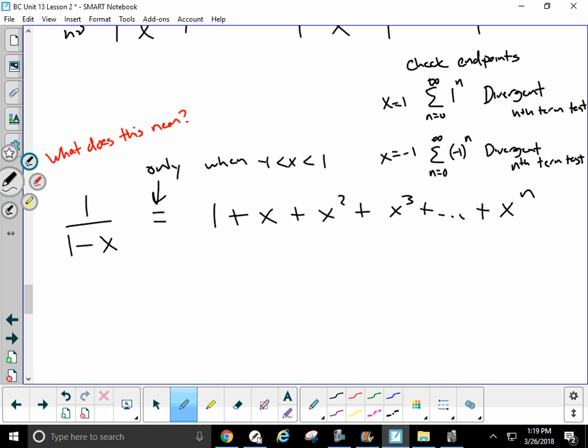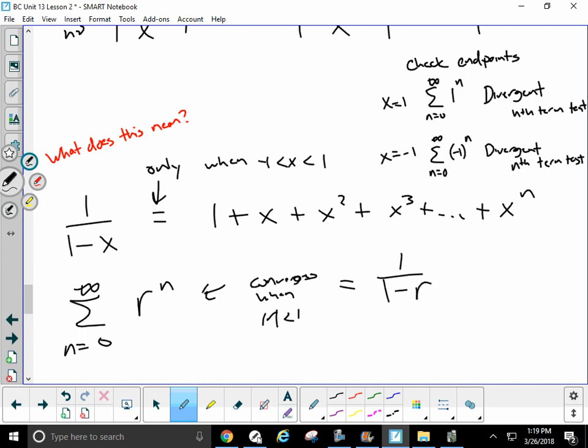Think about a geometric series. We know this geometric series converges when r, the absolute value of r, is less than 1. And not only does it converge, we know what its sum is, 1 over 1 minus r. It's just the same deal.